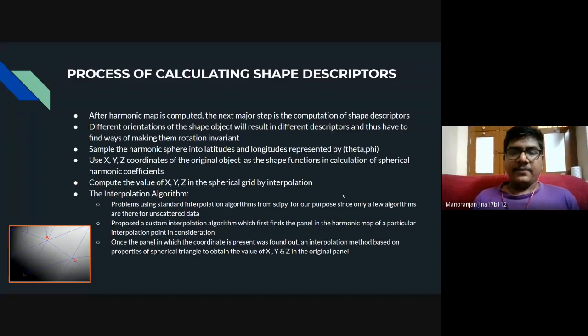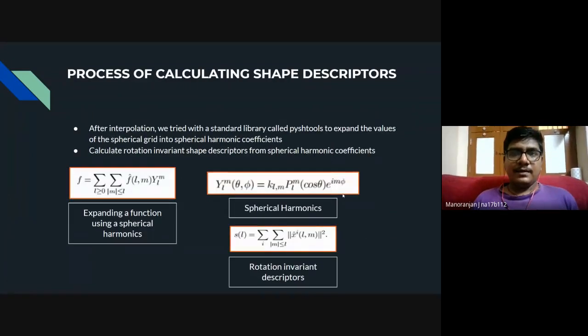Yes, the definite orientation is what we call the canonical orientation. But that cannot be predefined for the objects, so it has to be algorithmically computed. That's what we were talking about as well.